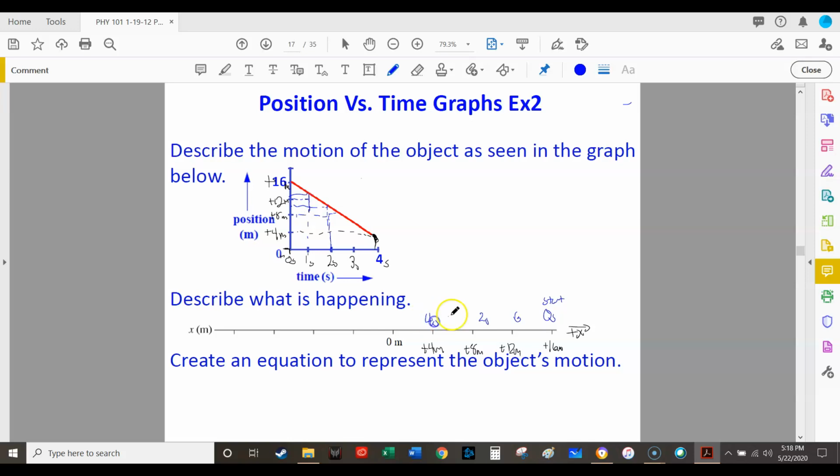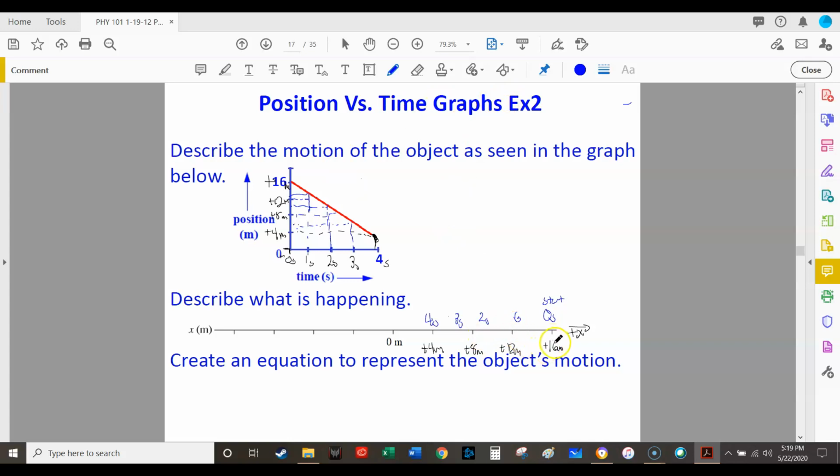So this is actually kind of hard for me to scale. I'm just trying to get a pretty good number line. So what I'm saying is this 3 second mark occurs almost halfway in between the 8 meter and 4 meter mark, right? So that 3 second mark is somewhere in between there, and finally it ends there. Okay.